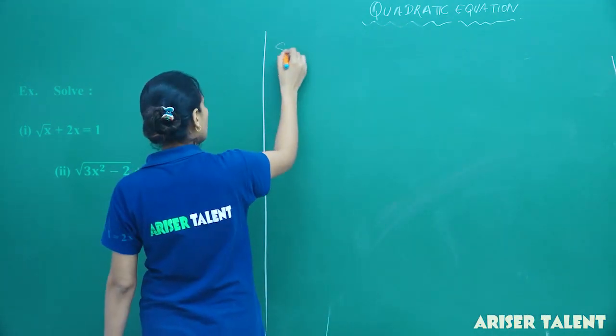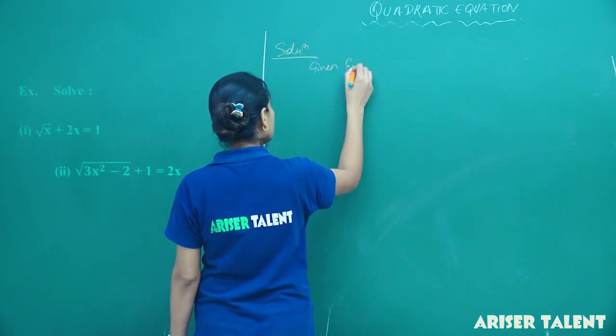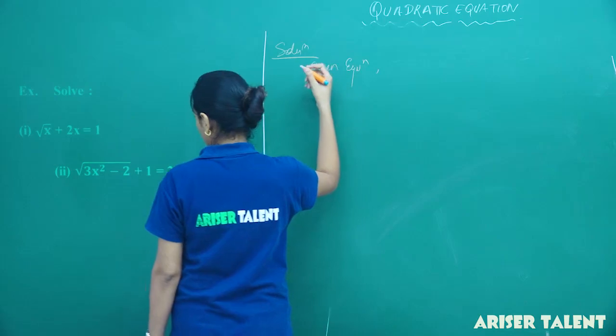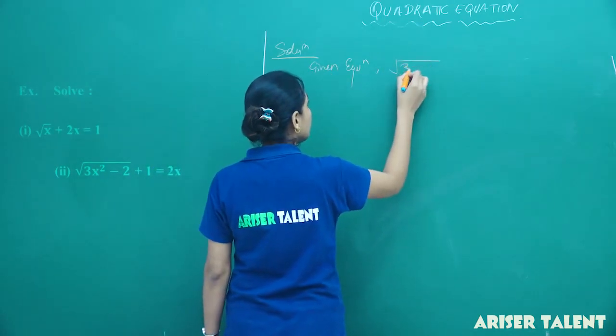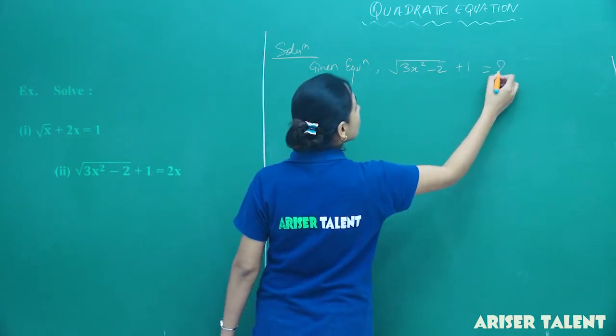So students, here is the solution where the given equation is root of 3x square minus 2, plus 1 equals 2x.